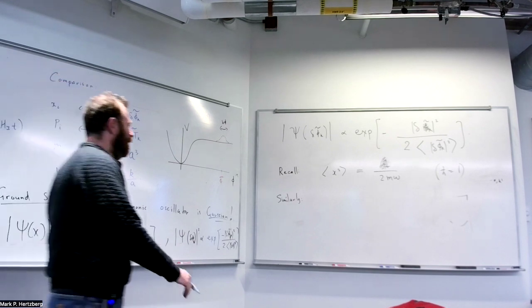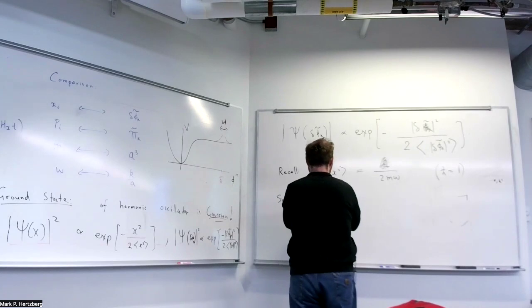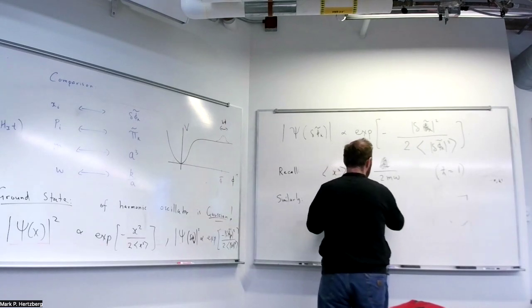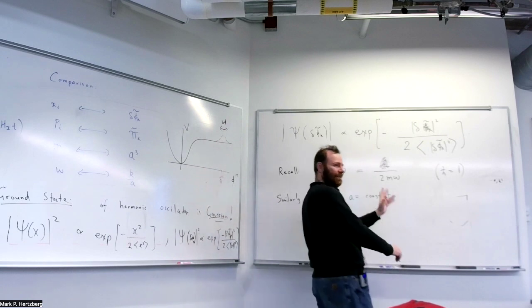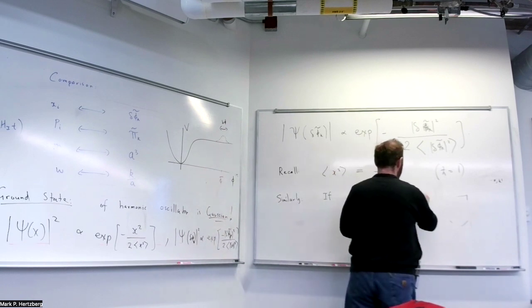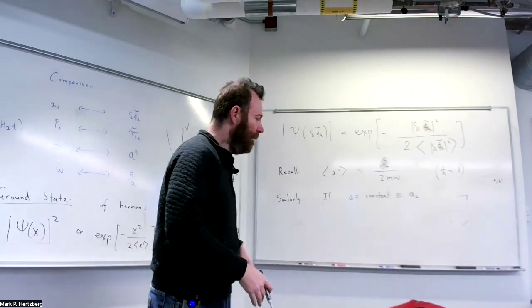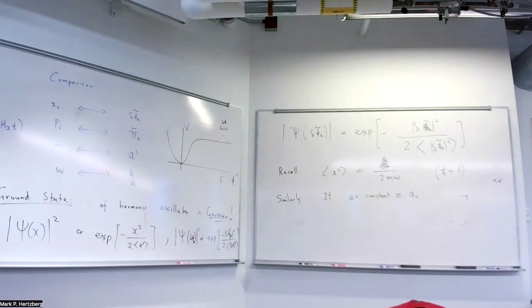Okay, so let me just say, we're a bit slippery here. So if A were a constant, which of course is not the case that we are interested in, let's just, as a starting point, call it AC for constant, just so we can get our bearings. If A were a constant, then it's just the standard harmonic oscillator, however you cut it.